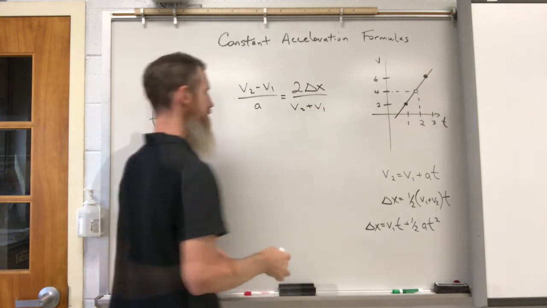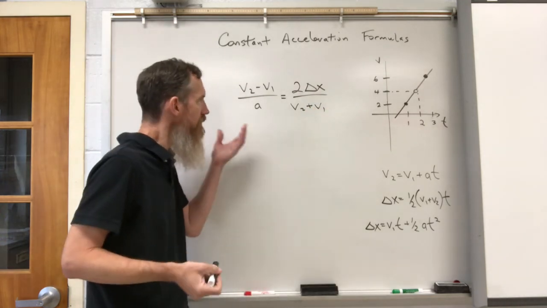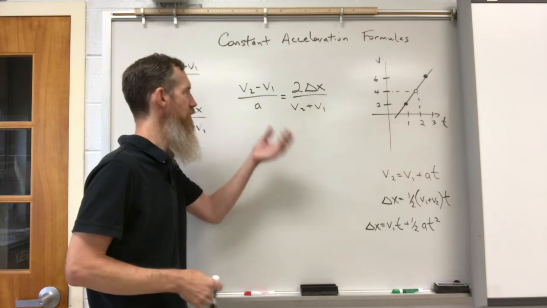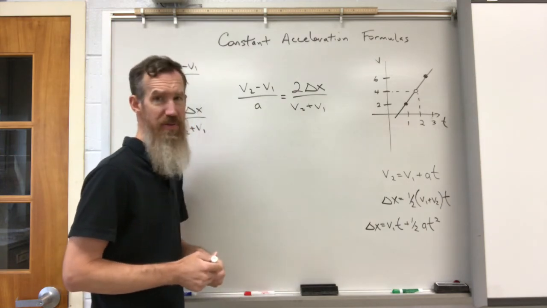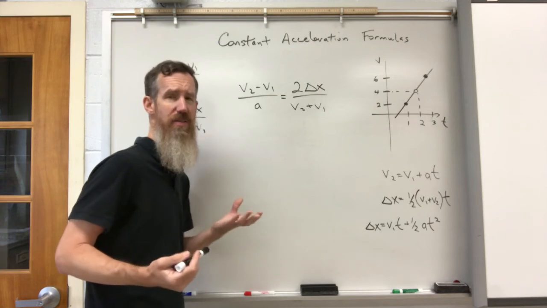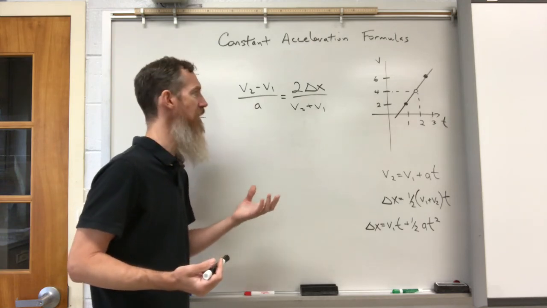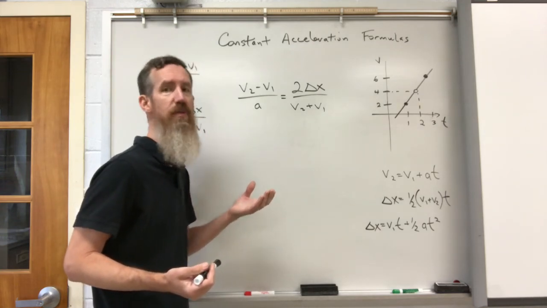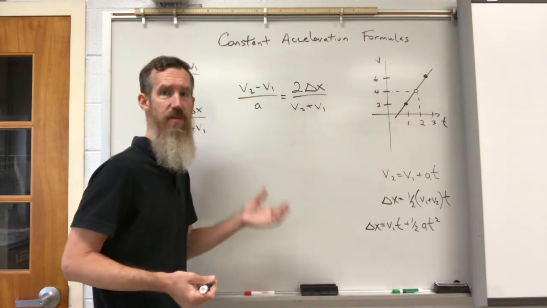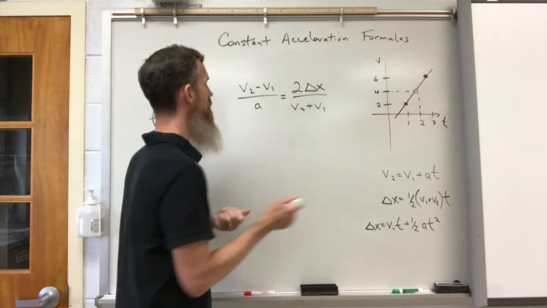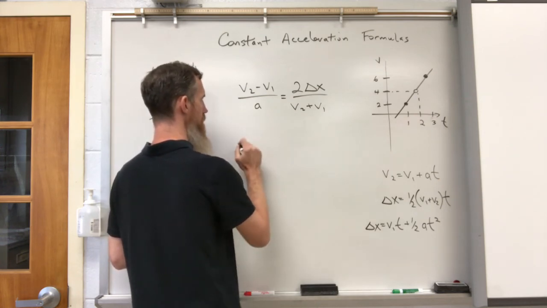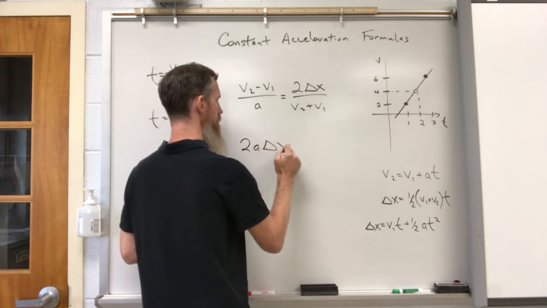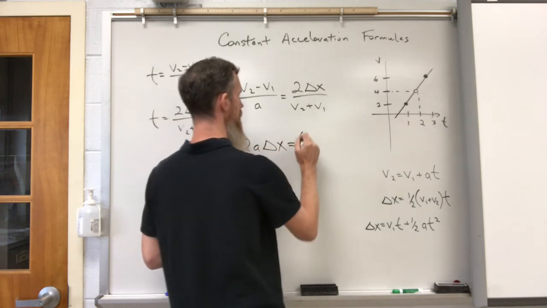You can see, depending on the problem, you can solve for really any variable that you want, but in this particular case, we're going to solve for v2, the final velocity. We want to find final velocity. So if I start to rearrange this formula, I'm going to do a little cross multiplying here.